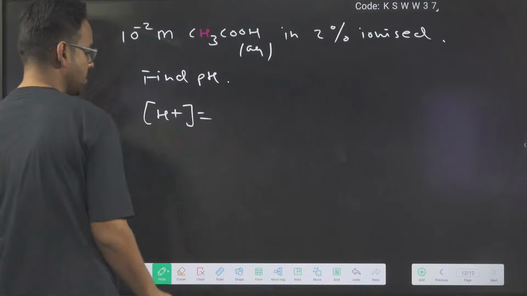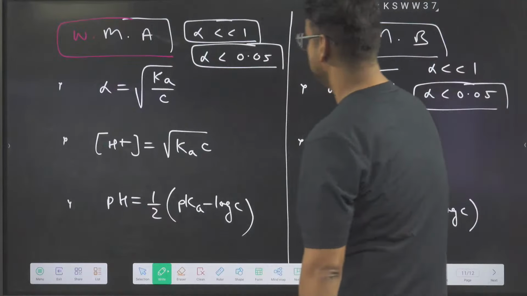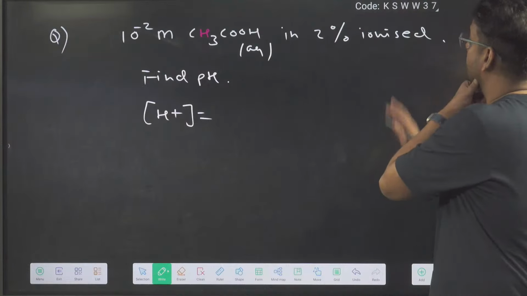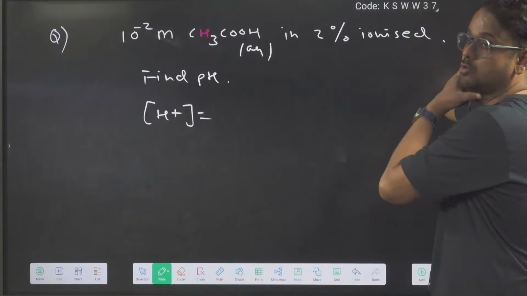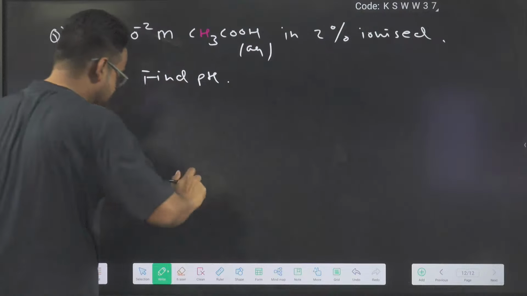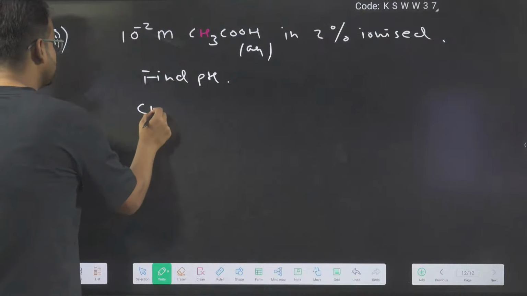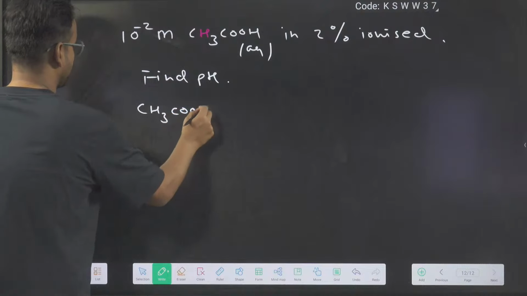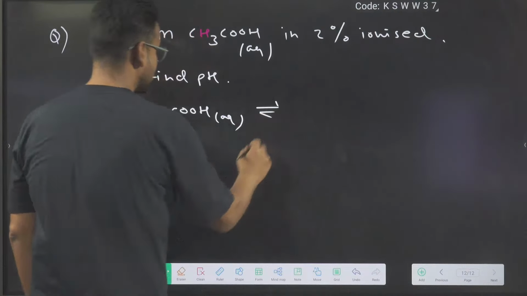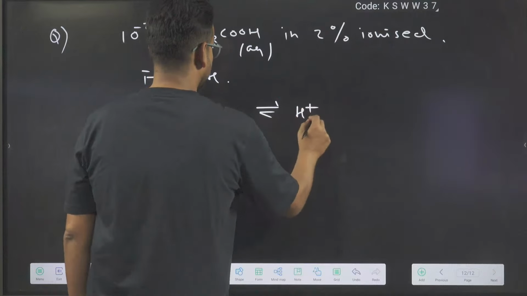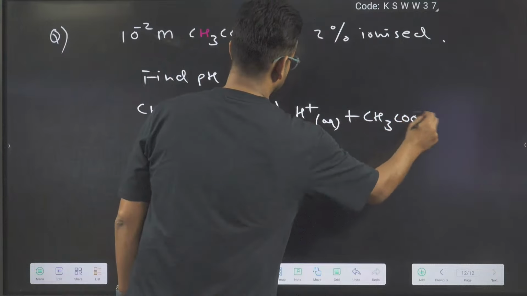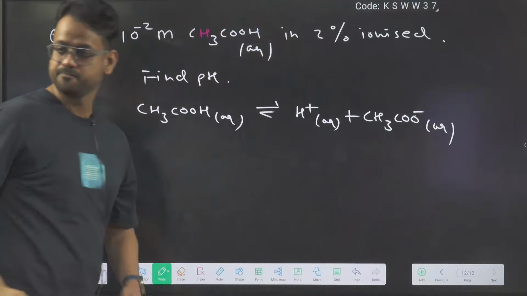So what do I do over here? H plus is equal to... you might say, sir, here Ka is not given. How to do? Ka is not needed. Over here you have to solve it from the basics. You have acetic acid, aqueous, undergoing ionization into H plus aqueous plus CH3COO minus aqueous.